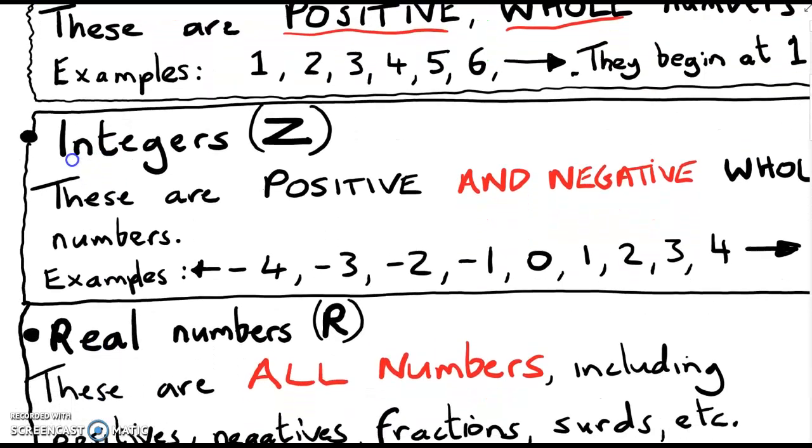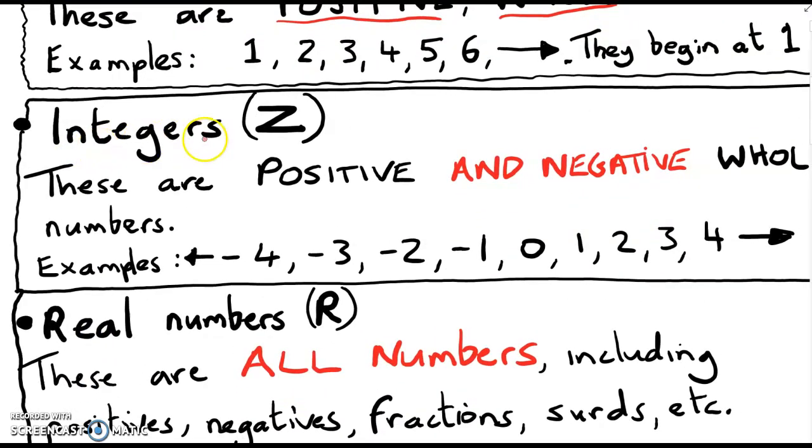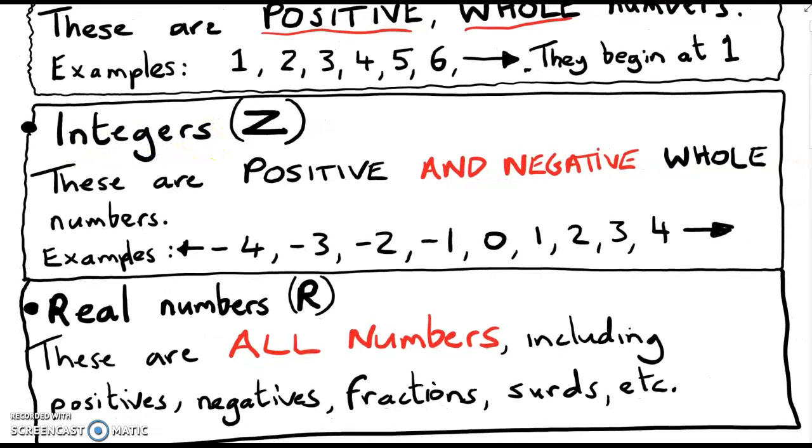Another type of number are integers. Now, integers are positive and negative whole numbers. So, whereas natural numbers begin here and go up, 1, 2, 3, 4, integers actually contain 0 and all of the negative whole numbers as well.